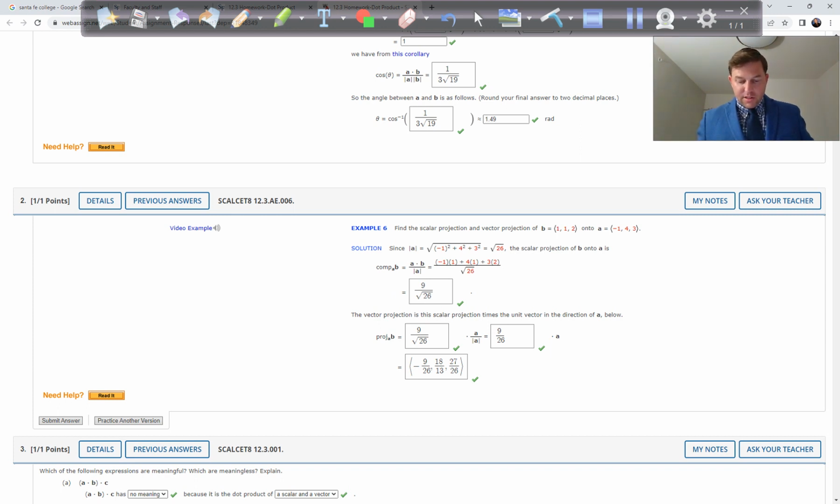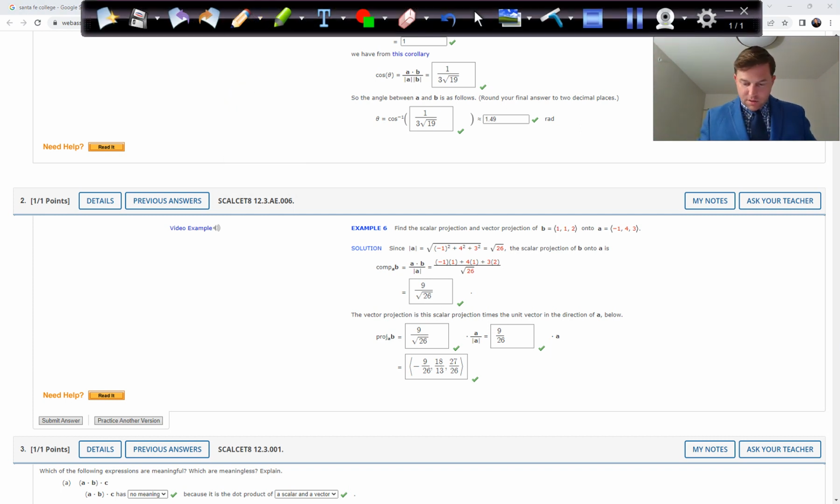But let's look. The scalar projection is you take the dot product of the two vectors divided by the magnitude of one of the vectors. To do this, I don't think there's anything that you have to do except for do the dot product here. So we have 1 times minus 1, so it's minus 1, plus 1 times 4 is 4, so we're at 3 now.